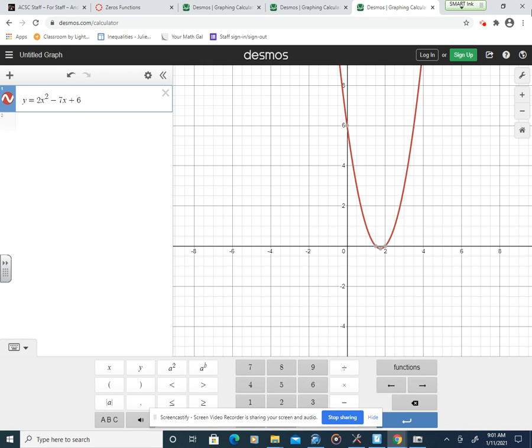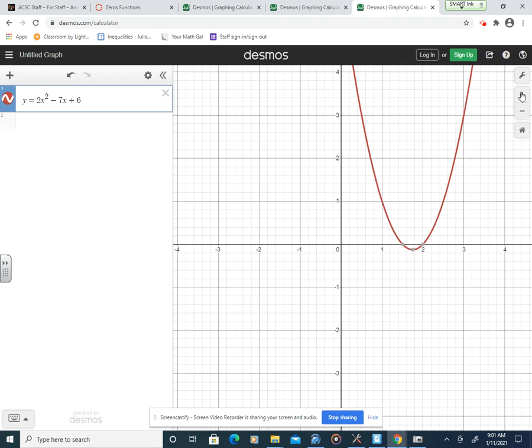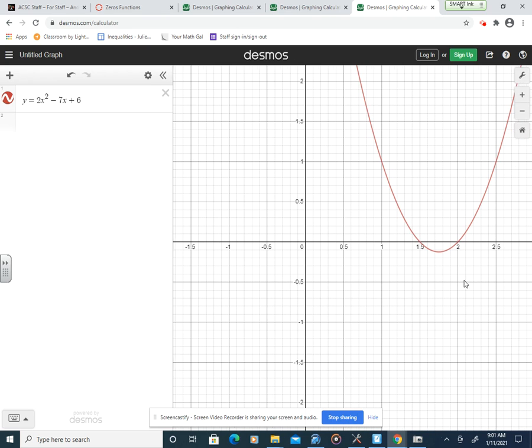And if we zoom in here, what are the zeros here? Here are the zeros. 1.5, which is 3/2. And then the other zero is 2.